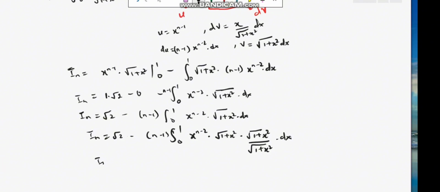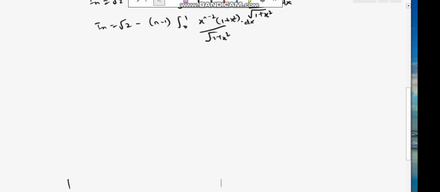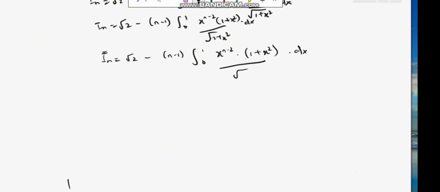So now I have I_n equals root 2 minus (n minus 1) times the integral from 0 to 1 of x^(n minus 2) times (1 plus x squared) dx over root of 1 plus x squared.